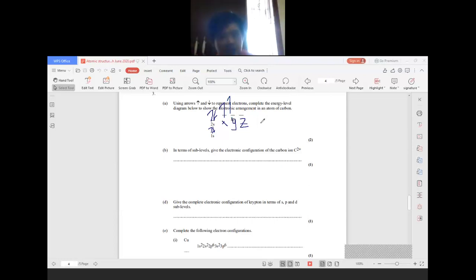The electrons must be put into the orbitals with the same spinning direction. After all the orbitals have been filled, then we put the other electrons with the opposite spinning direction.